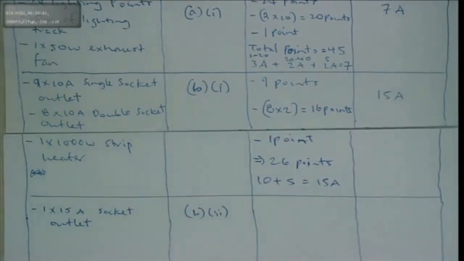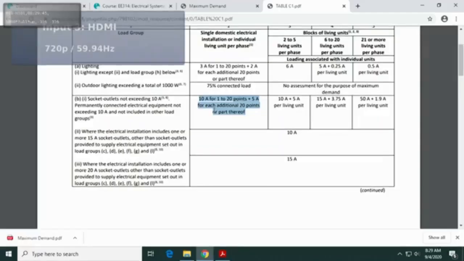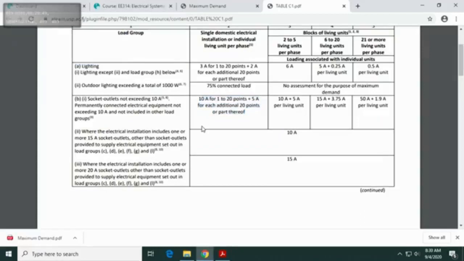Now to determine the points, so the total point will be for B2. So let's look at 8 and 10 to determine the number of points.